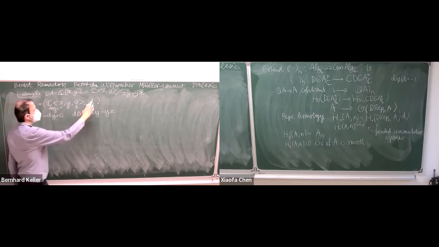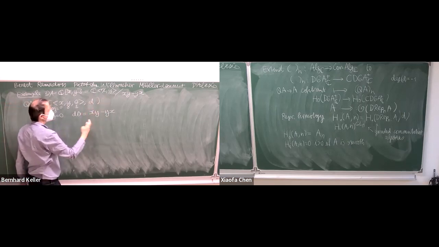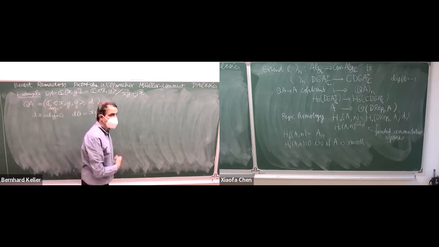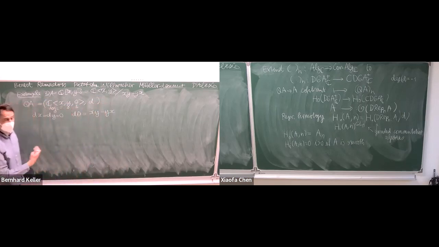By construction, if you take the homology of this algebra in degree 0, it will be this algebra here modulo the image of d, which will be the relation. So automatically we get the right thing in degree 0. And then you have to check that there is no homology in higher degree, and indeed you show that this is enough. It's like a resolution.